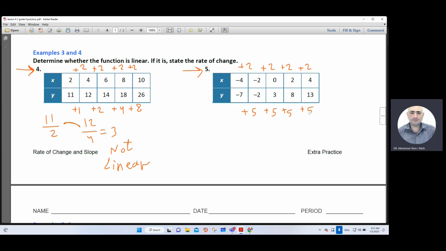So the rate of change will be 5 over 2. So we have a constant rate of change, which means this is linear. Because here 5 over 2, here 5 over 2. So we have the same rate of change at all values. So it means we have a constant rate of change. Okay?